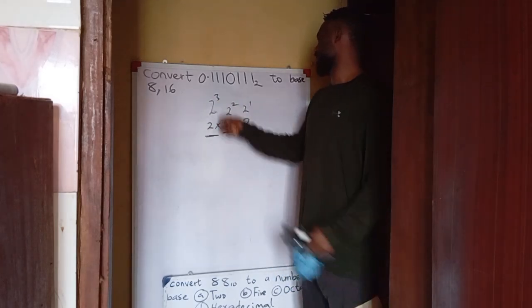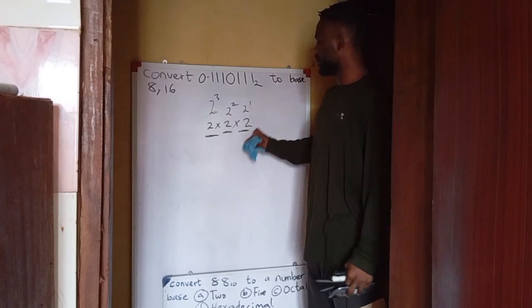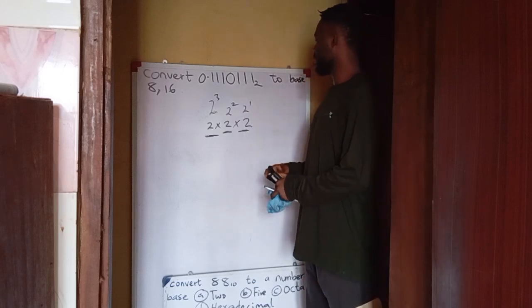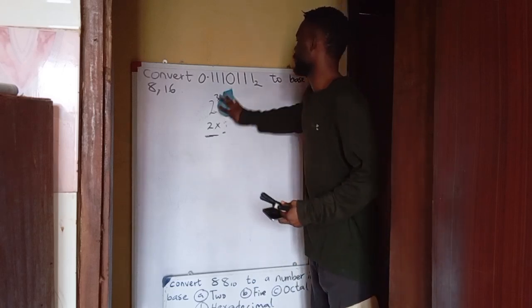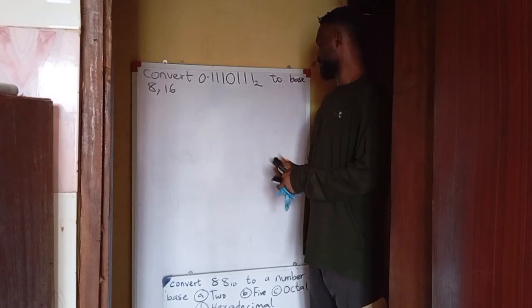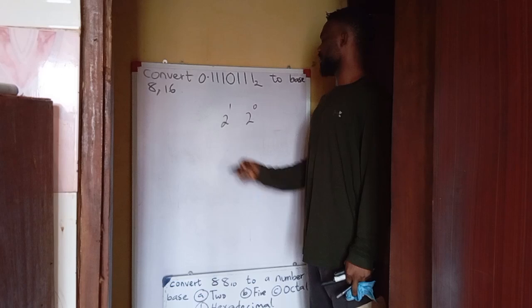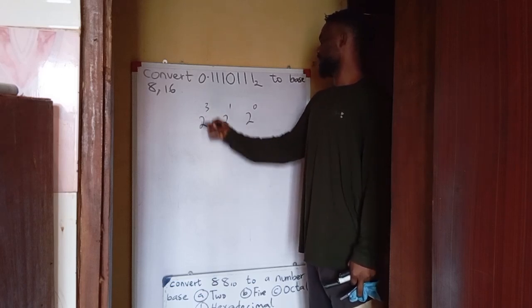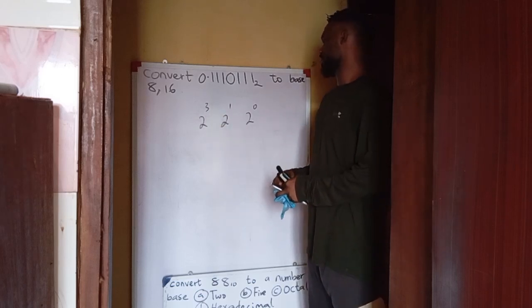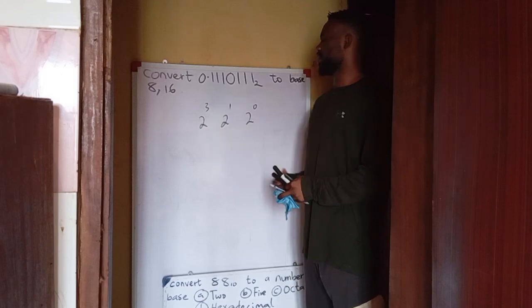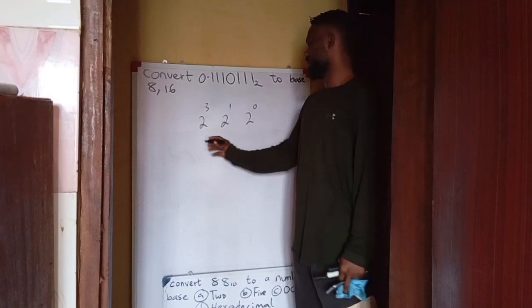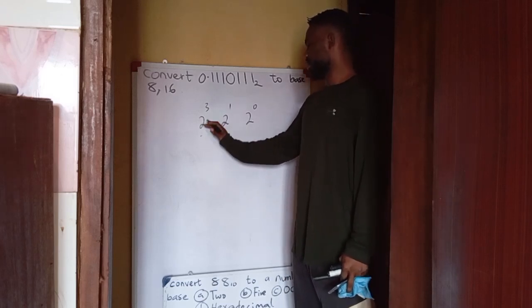Let me analyze what I mean. If I have 2 raised to power 0, 2 raised to power 1, and 2 raised to power 3, we see that 2 raised to power 3 is 8.